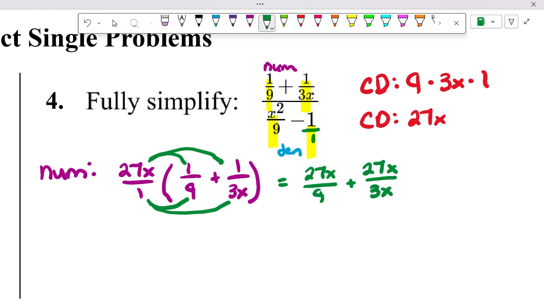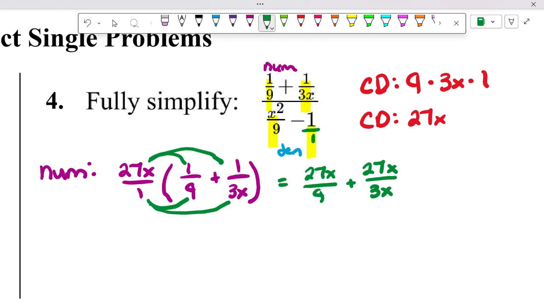Now, what do you notice about these 2 fractions individually? We could do what for both of them? Simplify. We can simplify these 2 fractions individually and essentially get rid of the denominators.